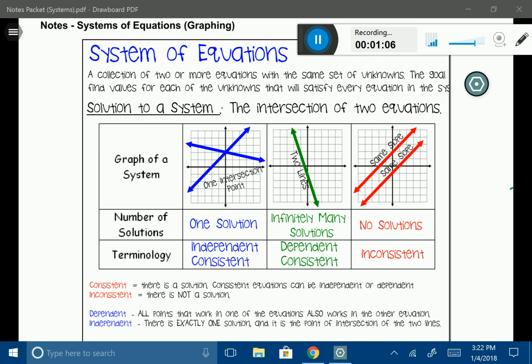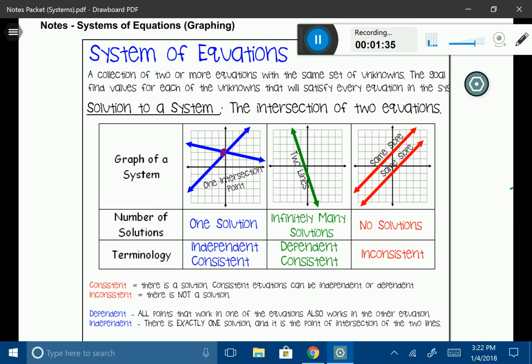So I have three examples here in my table of three different types of graphs that you could have representing two different linear equations. So if we look at the one in blue first, you can see that I have just two lines and they intersect at one specific location.